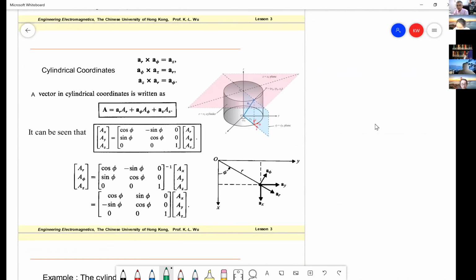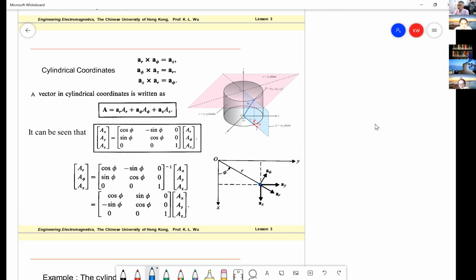Okay, from time to time we need to convert from one coordinate system to another. So far we have learned the Cartesian coordinate, and the conversion from Cartesian coordinate to cylindrical coordinate is pretty straightforward. We just find the relevant projection. For example, now we have a point in cylindrical coordinate system, and we would like to convert it into Cartesian coordinate system.